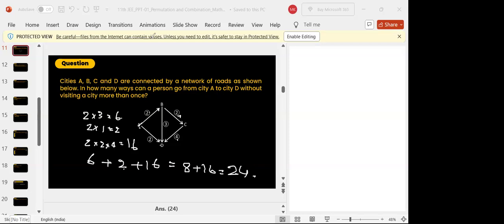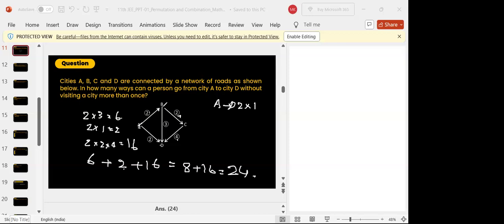Yes, very good. Correct answer. That is 24. Because first route from A to D, that is 2 into 1.